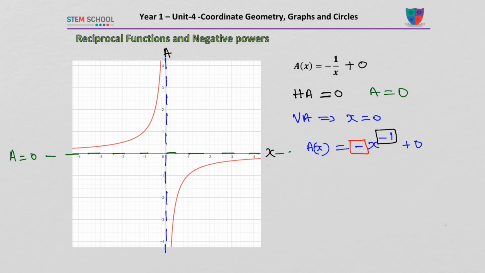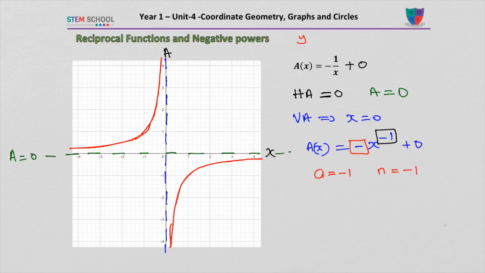So we'll be sketching our curve from the second quadrant, like that, and that's how we sketch the curve. It is second and fourth because a is negative, even though n is odd, minus 1.